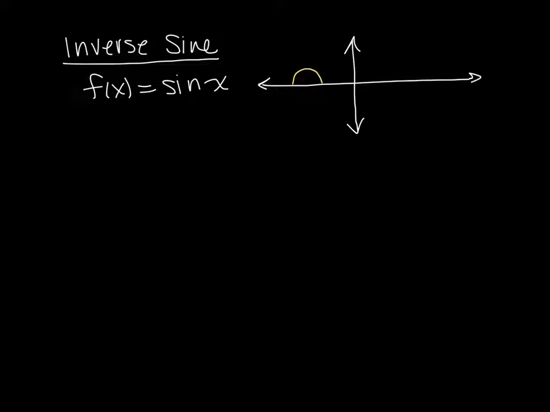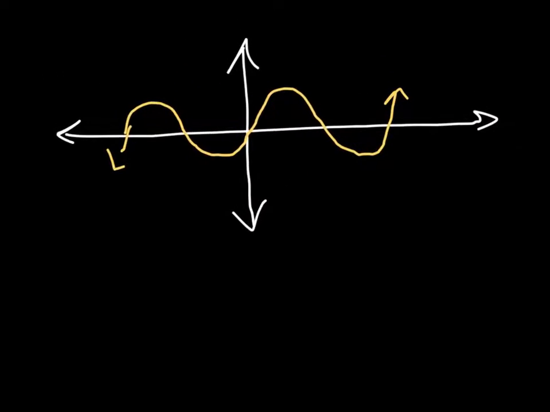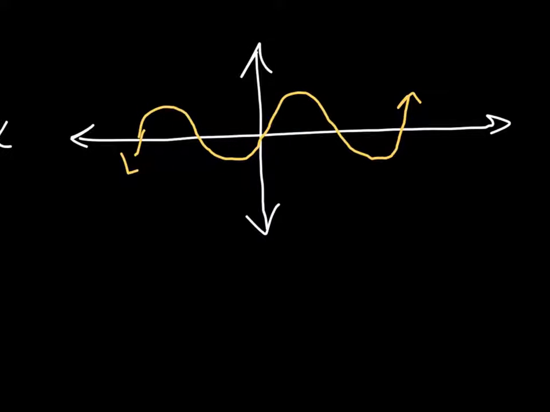Let's zoom up on this for a second and get a better look. Okay, so the sine of 0 is 0, so it goes through the point 0, 0.